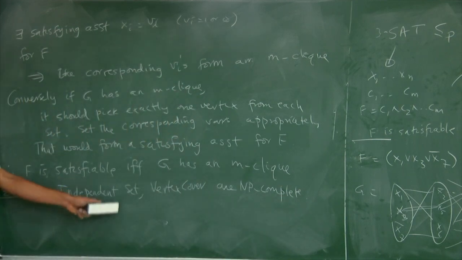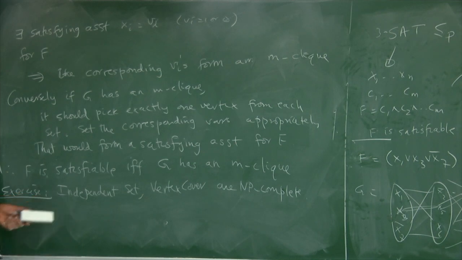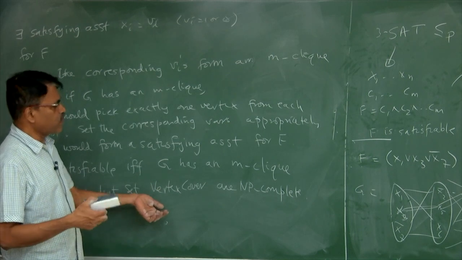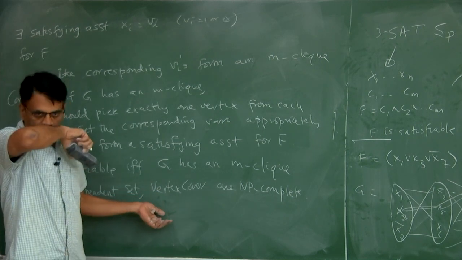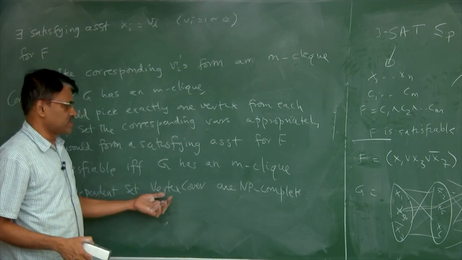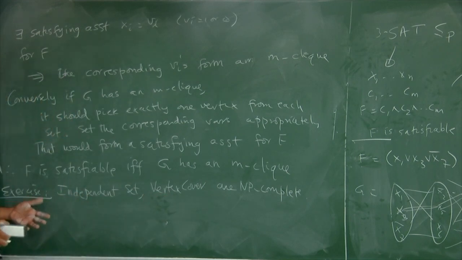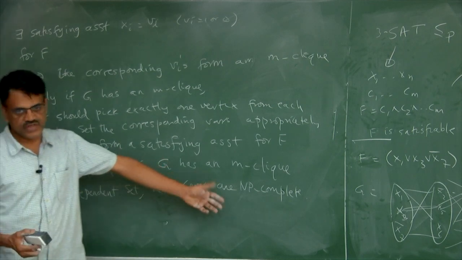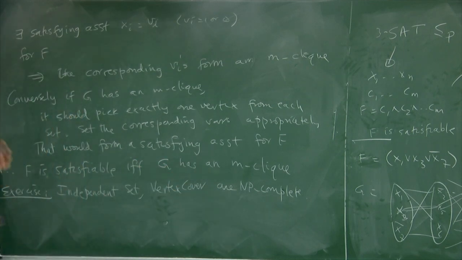Independent set is where you want to find a subset of vertices which are mutually pairwise non-adjacent, and vertex cover is a set of vertices such that they cover all edges. For every edge, at least one endpoint is in this subset. Given a graph and an integer k, the decision question is: is there an independent set of size k? Is there a vertex cover of size k? Try and see how you would show them NP complete.